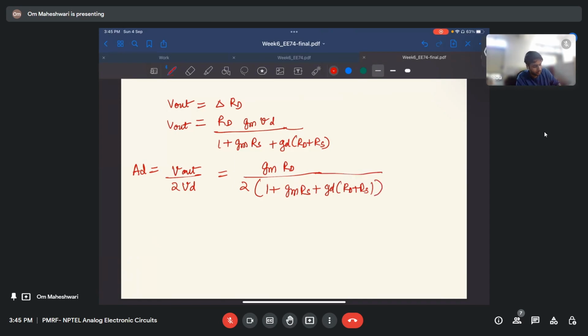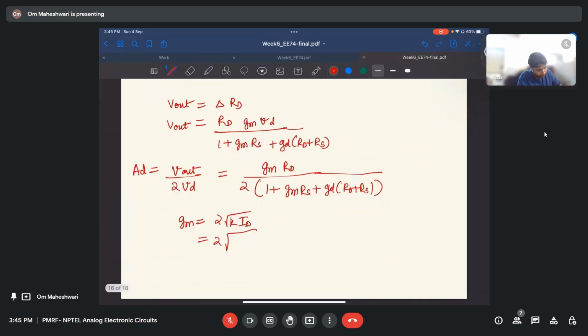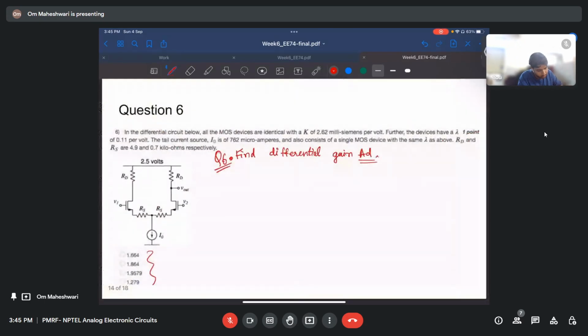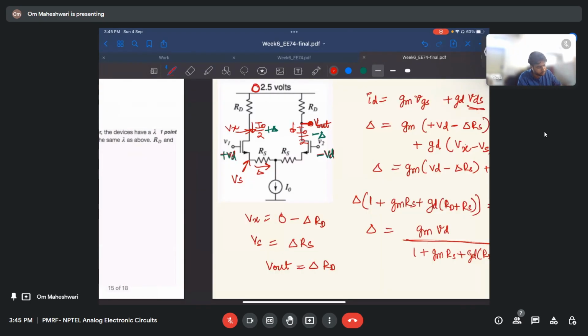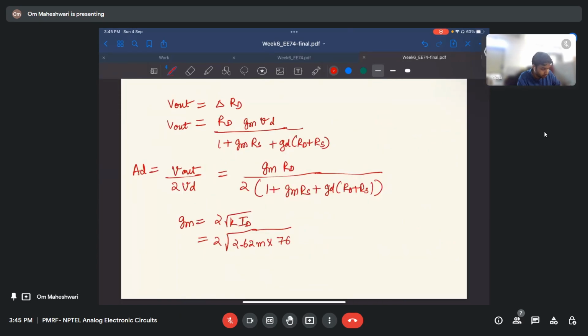So the only thing missing now is gm and gd. gm is nothing but what we just found, 2K ID. So 2K is 2.62 milli into ID, and I naught is 762 microamperes.